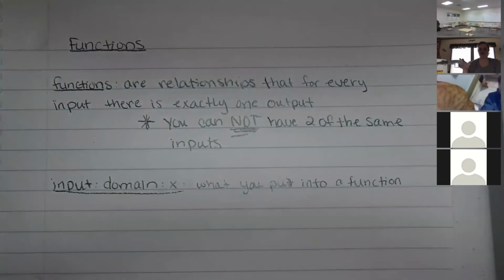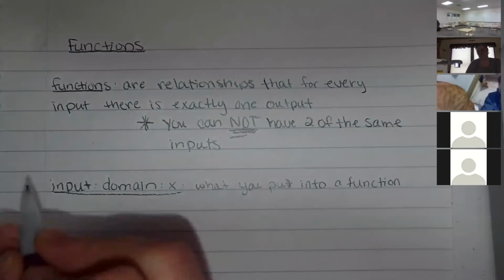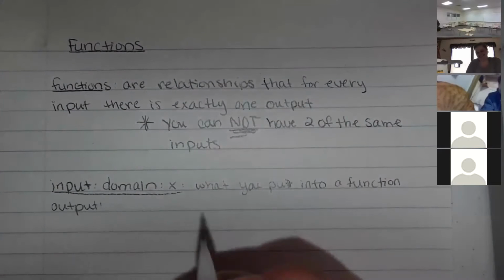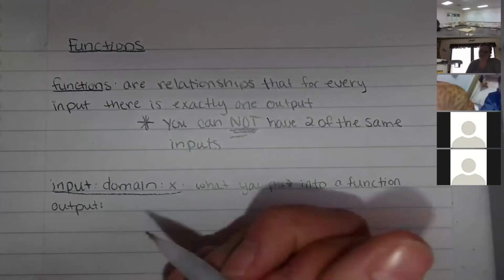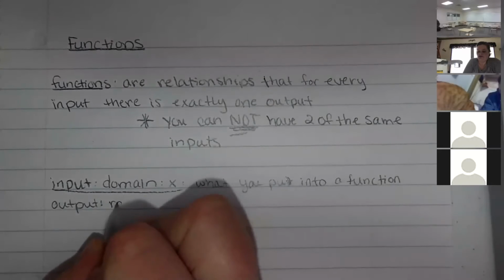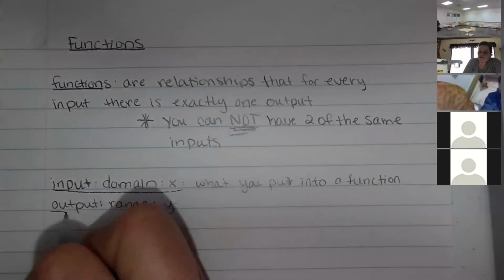So if I have input, what else do I need? I need the opposite. Output. Yes, it is output. And output could also be known as your range or your Y values.